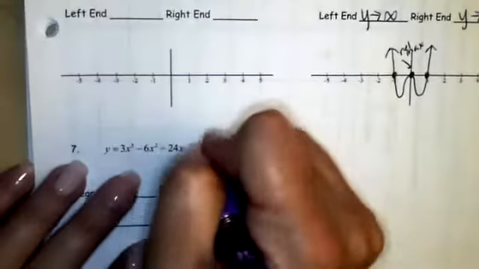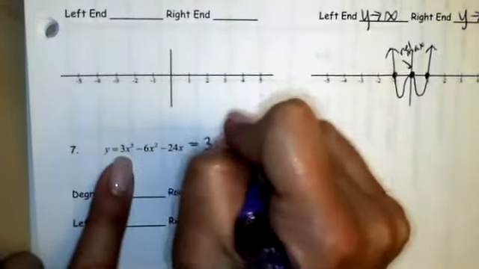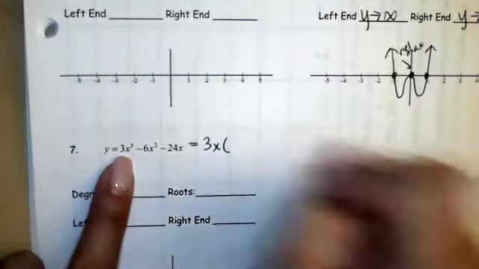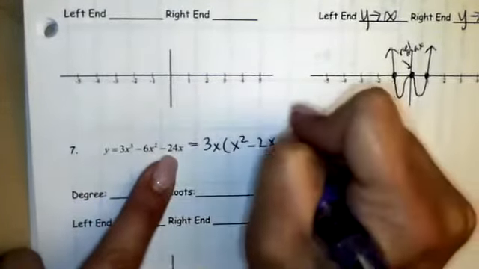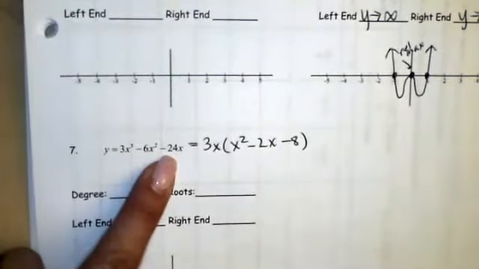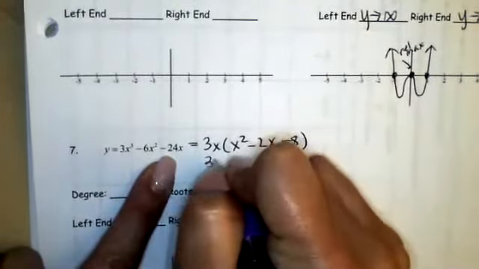We'll factor one more just to practice that part of it. Our greatest common factor here is 3x. You should always be taking out the greatest common factor first. That leaves us with x squared minus 2x minus 8. You should recognize this trinomial as being able to factor as well.